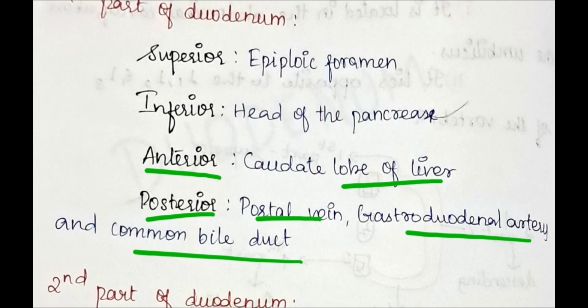Coming to the superior relations, we have the epiploic foramen, which connects the greater sac to the lesser sac. These two sacs communicate by the epiploic foramen, which is present superior to the first part of the duodenum. And inferiorly we have the head of the pancreas.